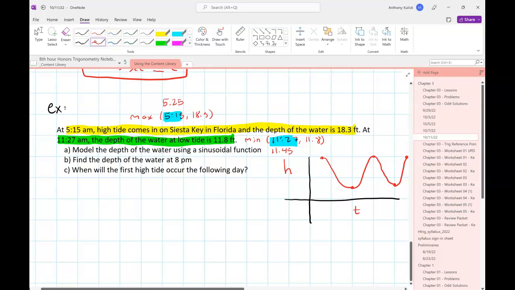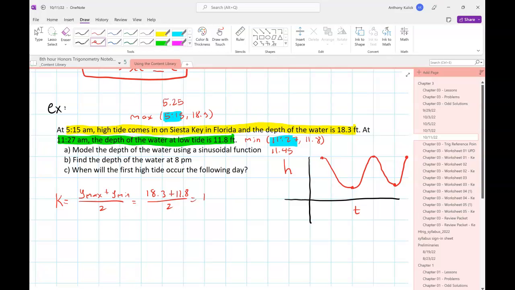So I remember that k is equal to y max plus y min divided by 2. So when I do that, I get 15.05.